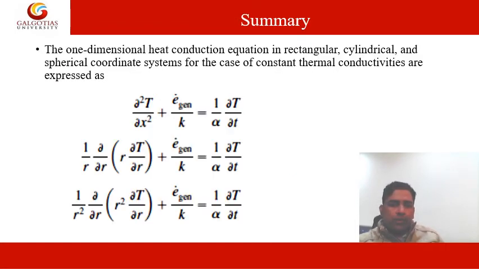So this is the summary of the equations that we have derived. As you can see, we are writing here only in terms of one-dimensional conduction equations. This is the one-dimensional conduction equation for the plane wall, this is for the cylindrical coordinate system, and this is for the spherical coordinate system.